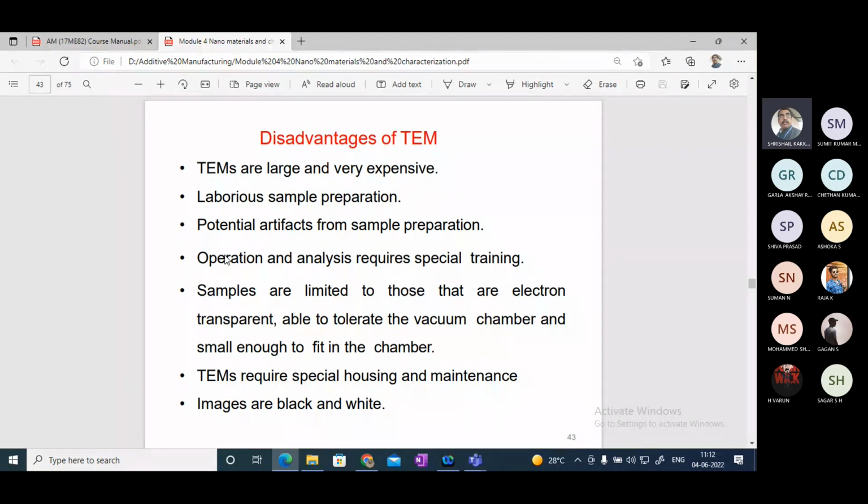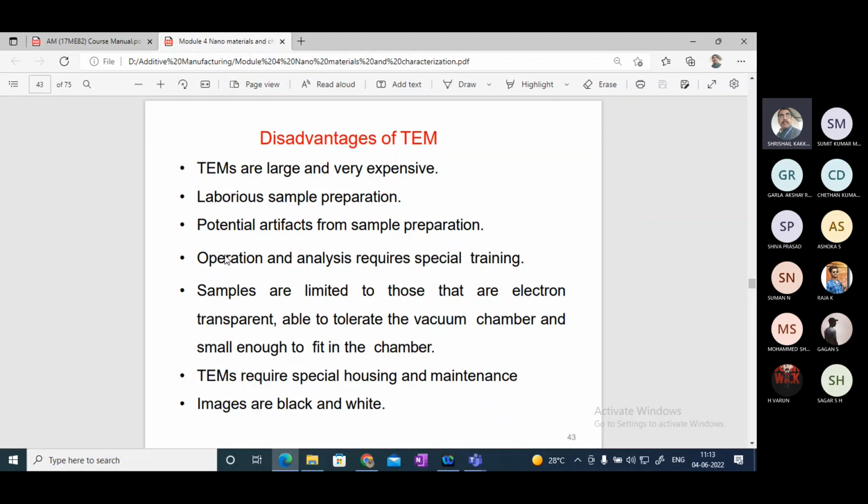Okay, and another one, almost all the materials, as I told you, it is possible to test, but for some of the materials there will be some limitations. The sample should be transparent enough to allow the electrons to pass through.